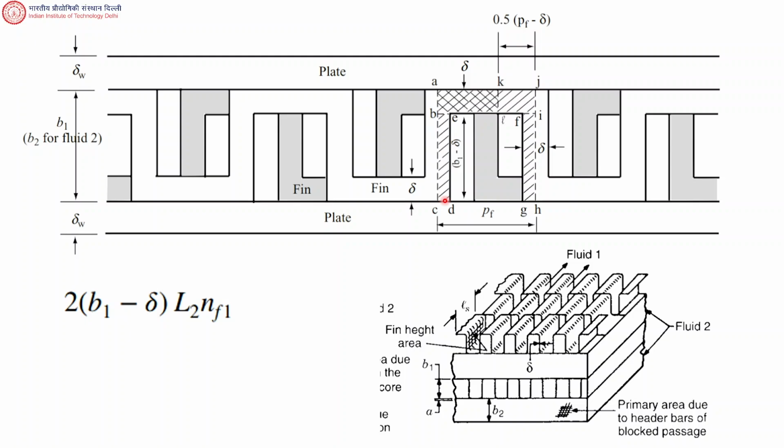Now, what is the length in the depth direction? So the length in the depth direction is actually from here to here, correct? But we don't need to take one fin, we can take all the fins together and calculate a total length of L2, right? So the area of one face is B1 minus delta times L2.